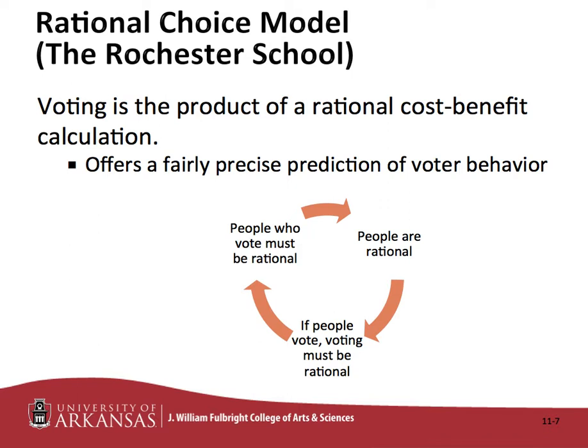It starts out with the assumption that people are rational. And if people vote, voting must be rational. Therefore, people who vote must be rational. Despite this, this has been a very powerful tool over the past 30 or 40 years. However, there are better tools out there for understanding how people vote and why they vote.